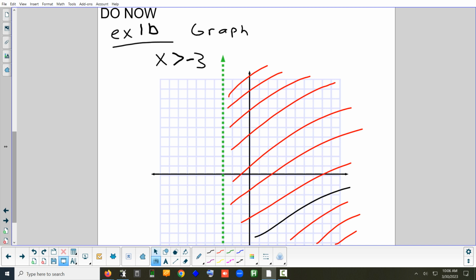And this time, is the boundary line part of the solution? Could I pick a point right on that line and say, yep, it'll work? No. You can't pick a point on the boundary. You have to stay in the shaded area. All right. Any questions on that?